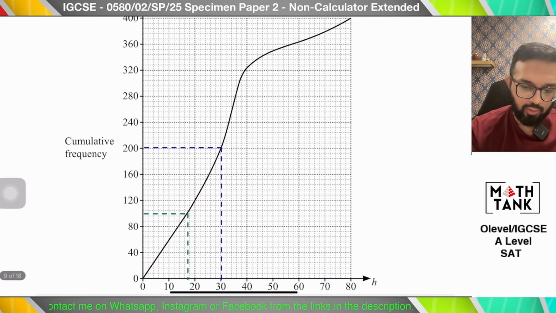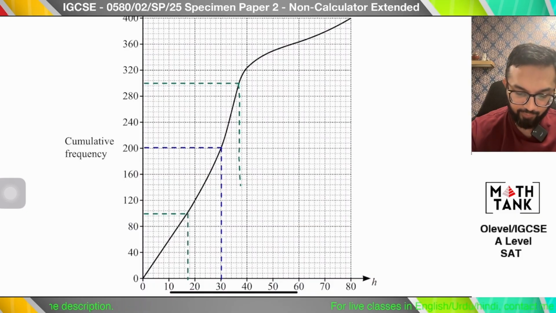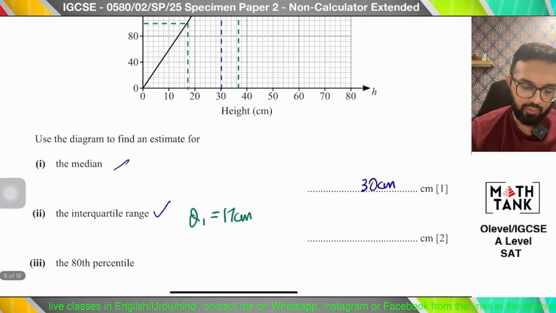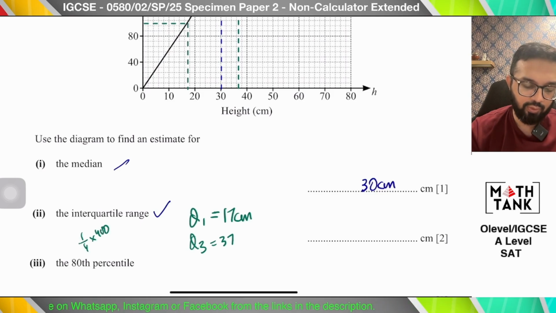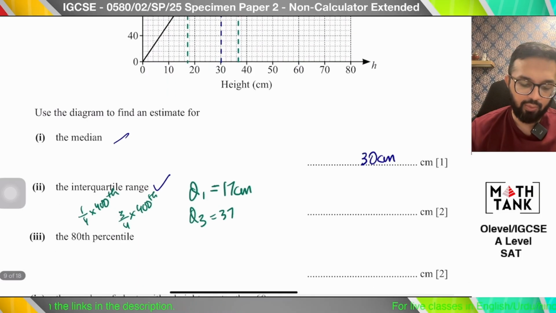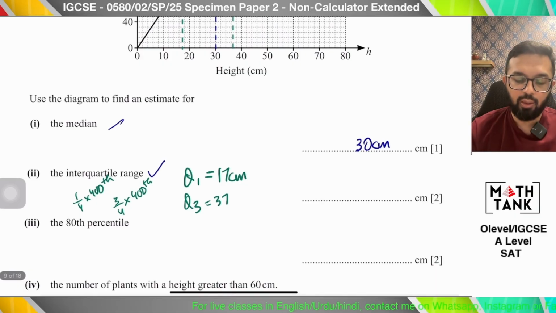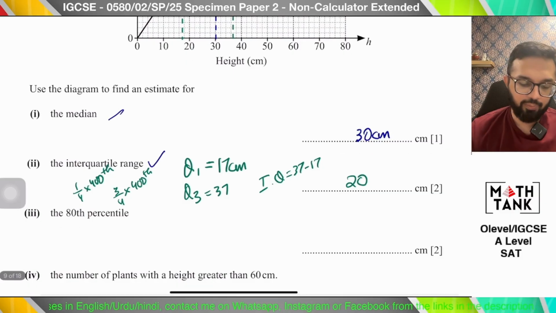And quartile 3, the upper quartile, which is 3/4 of the 400, is about 37. Okay, I'm doing 1/4 of the 400 observations and 3/4 of the 400 observations, so that's giving me 100 and 300. Then the interquartile range is simply 37 minus 17, so that gives me 20.